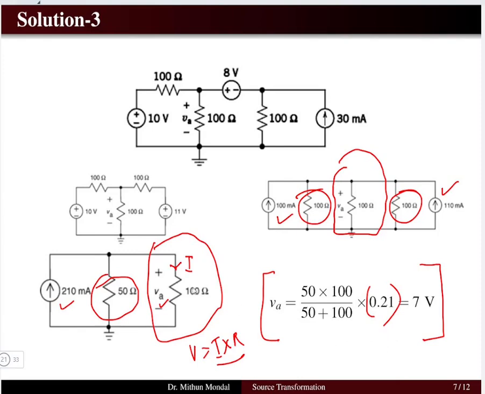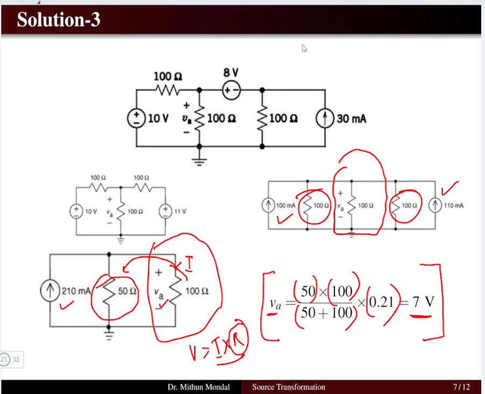In the numerator, I have the resistor in parallel with this, that is 50 ohms. In the denominator, we have the sum of the two resistors, that is 50 plus 100. Since I have to determine the voltage, I multiply by the resistor, that is 100 ohms. So I get 7 volt as the voltage.